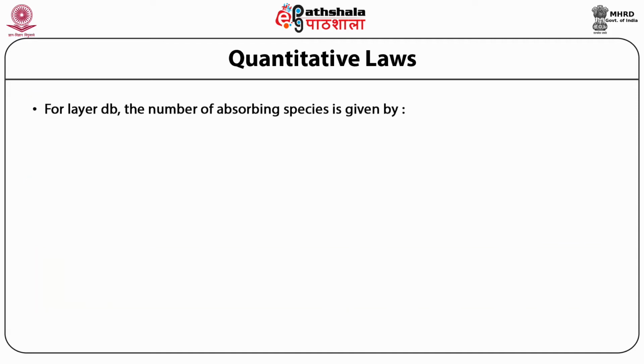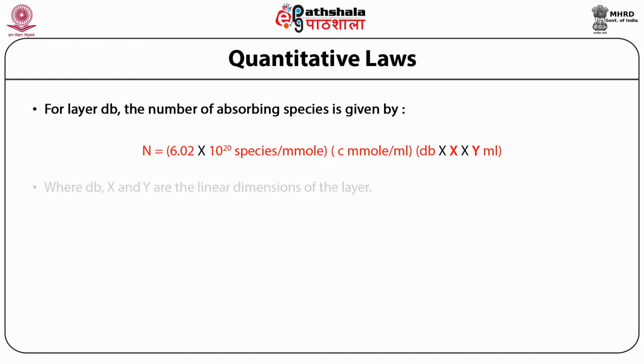For layer db, the number of absorbing species is given by the expression n = 6.02 × 10^20 species per millimole × C millimole per ml × db × x × y ml, where db, x and y are the linear dimensions of the layer, assuming that 1 cc is equal to 1 ml.